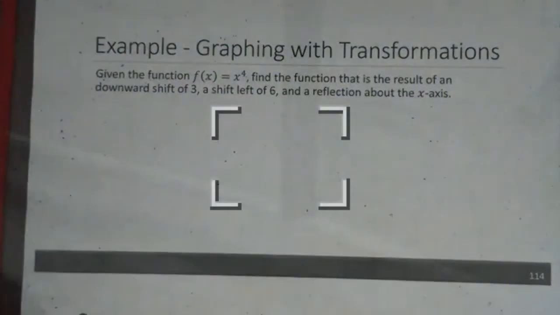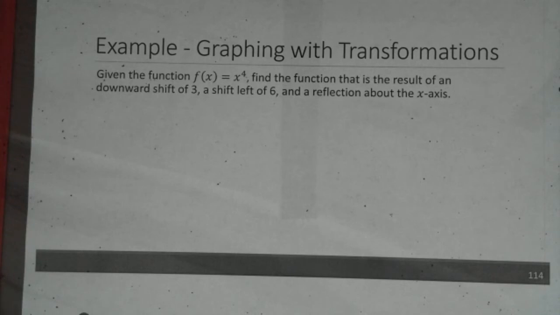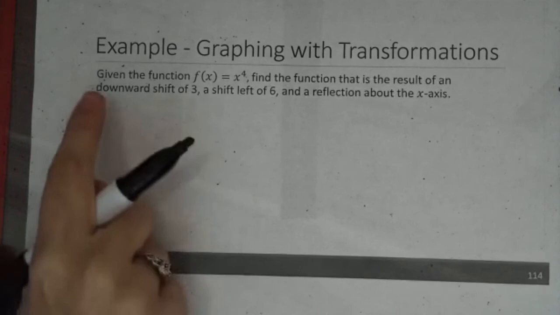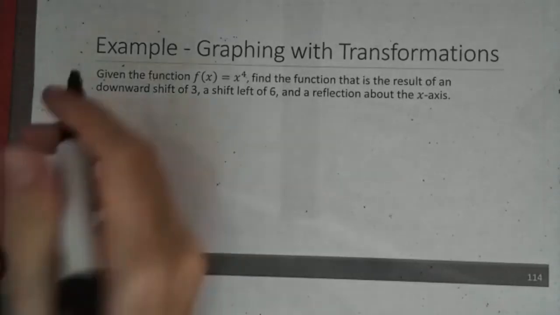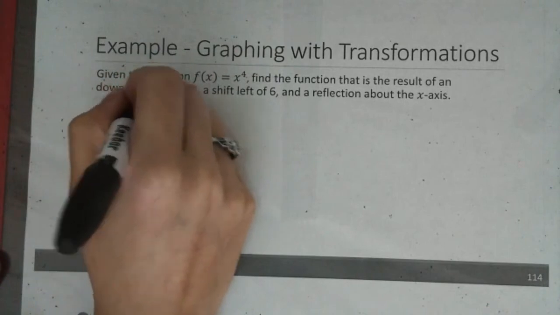Given the function f of x equals x to the fourth power, find the function that is the result of a downward shift of 3, a shift left of 6, and a reflection about the x-axis. So we have a downward shift of 3, which means we need to go -3 in the y direction.